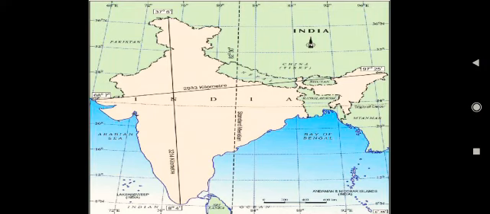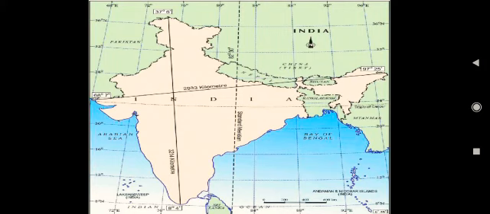Now, look at the two extreme western and eastern states of India. From Gujarat to Arunachal Pradesh, there is a time lag of 2 hours. Thus, time along the standard meridian, which is located at 82 degrees 30 minutes east, is taken as the standard time for the whole country.